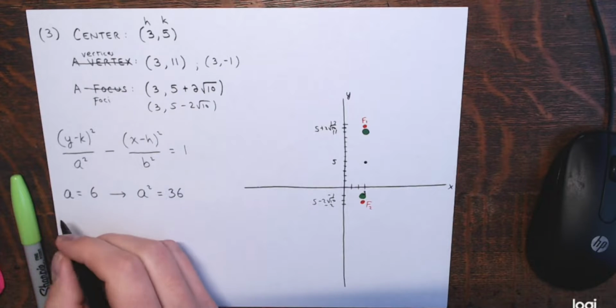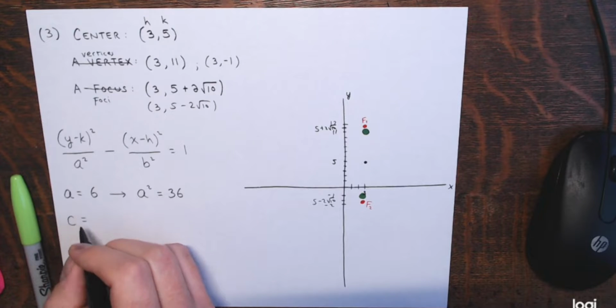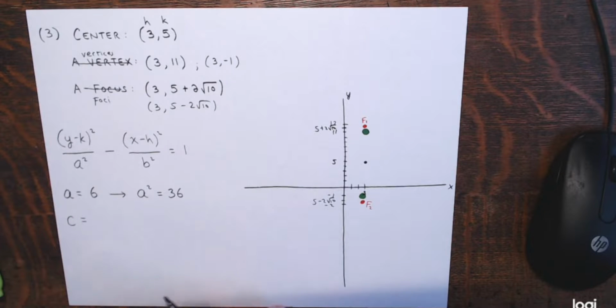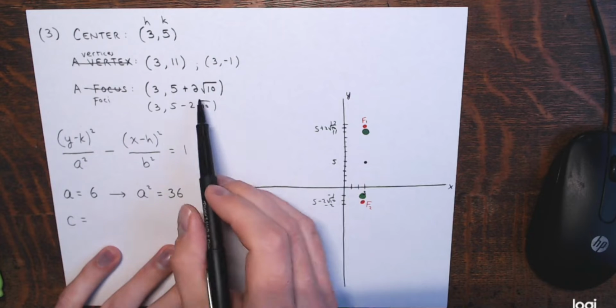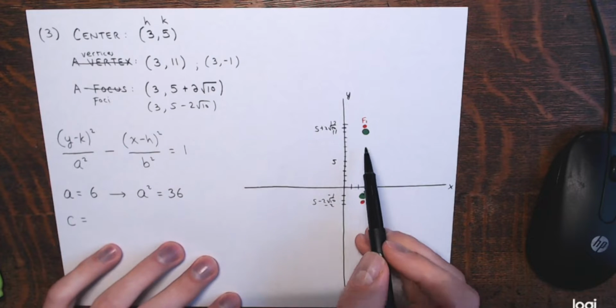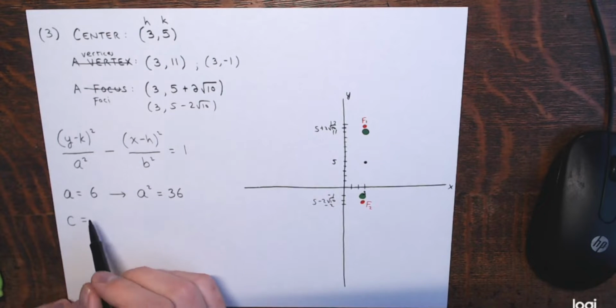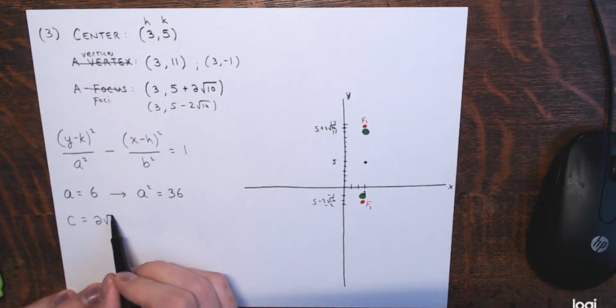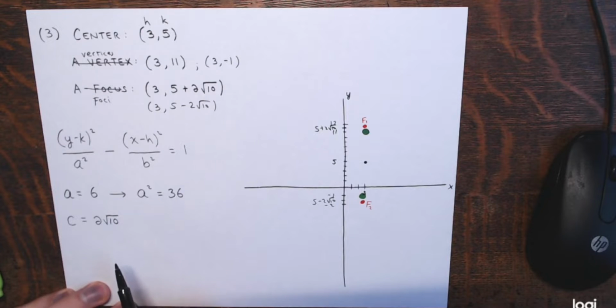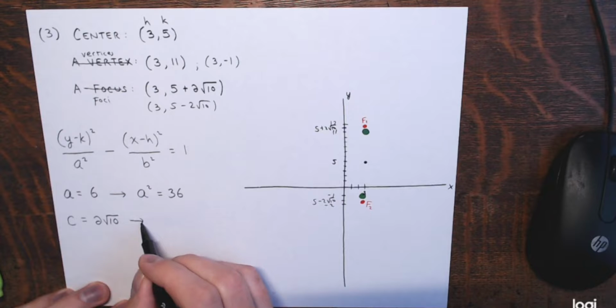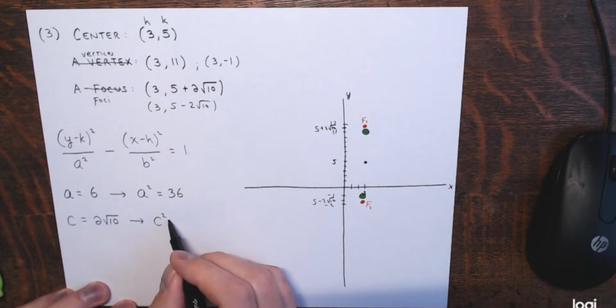And we know c as well. Remember, c was the distance from the center to a focus, and that's just 2 root 10. I went up 2 root 10, down 2 root 10 to get to the foci, or the square root of 40 if you want to write it that way. So that means that c squared is 40.